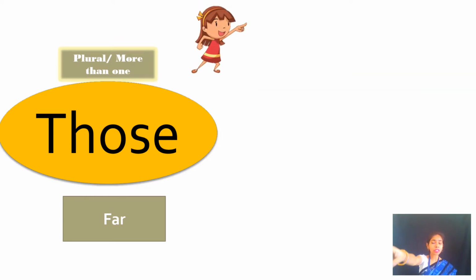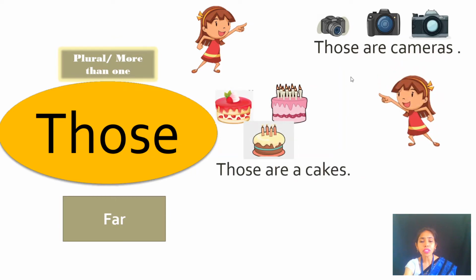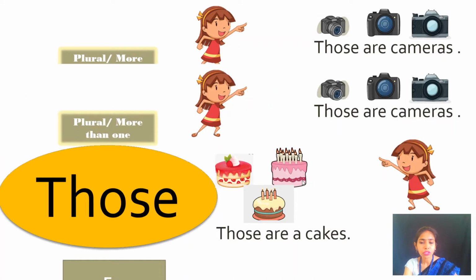See, the girl is now pointing out far. दूर दिखा रही है that those are cameras. वो है cameras. वहाँ रखे हुए हैं. Right? Now, see the other picture. Those are cakes. Right? So, here you can see the girl is now pointing out that those are cakes. क्या है ये?